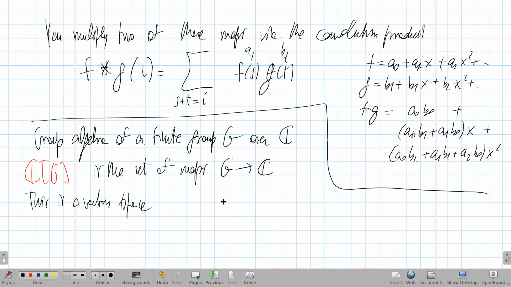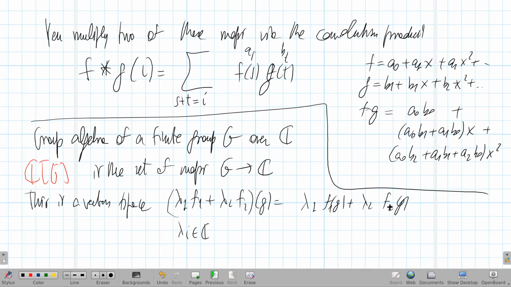So you have two of these maps, let's say F1 and F2, and you take the linear combination, where these lambda i are in C. What's their value on element G? Simply lambda 1 F1 of G plus lambda 2 F2 of G. The same applied to the polynomials, of course. So you do it by using the image.